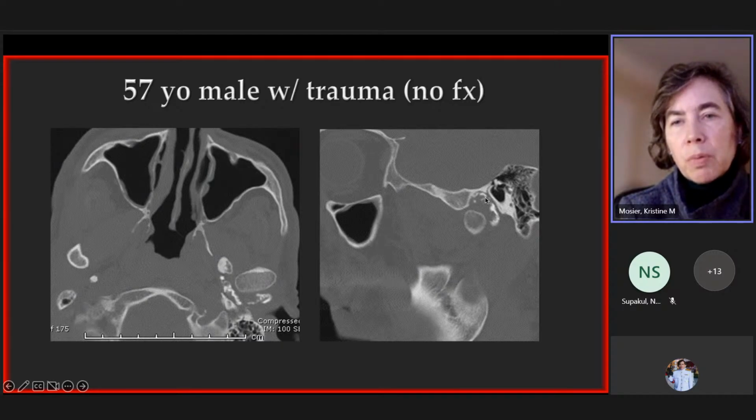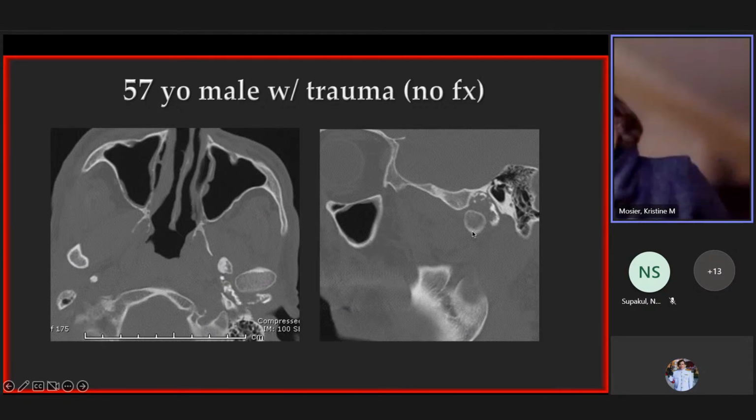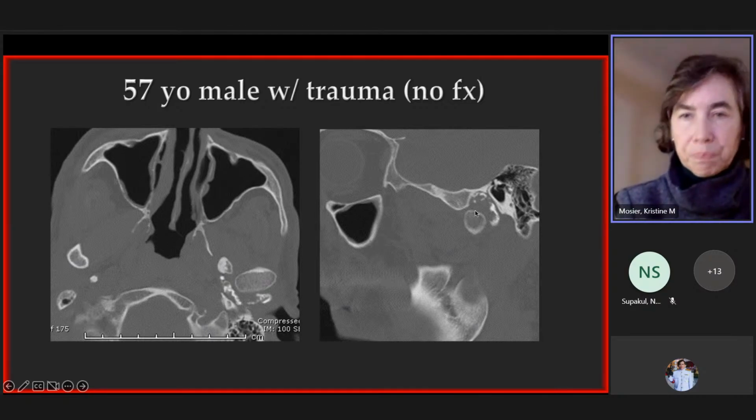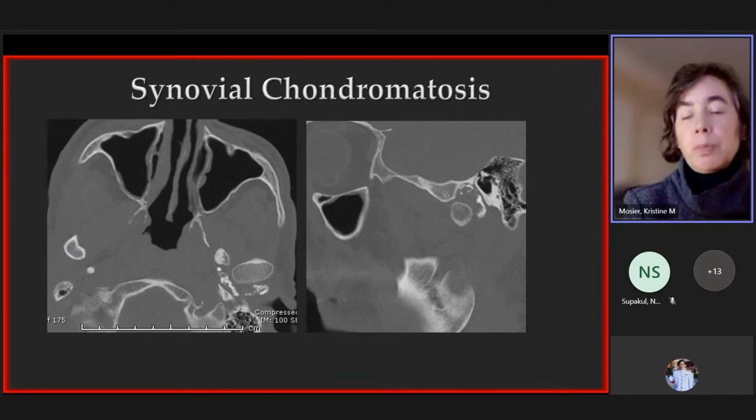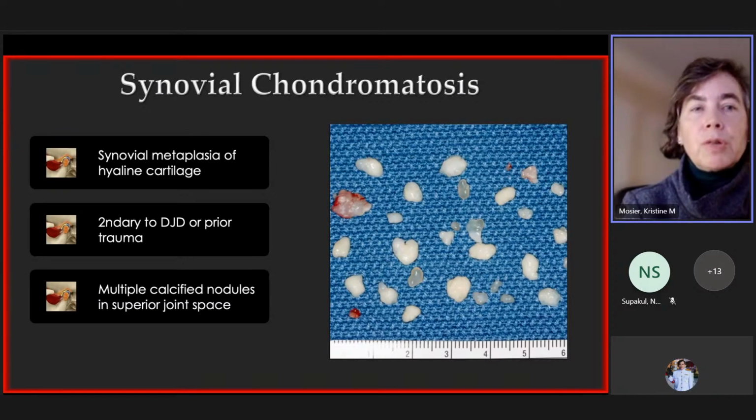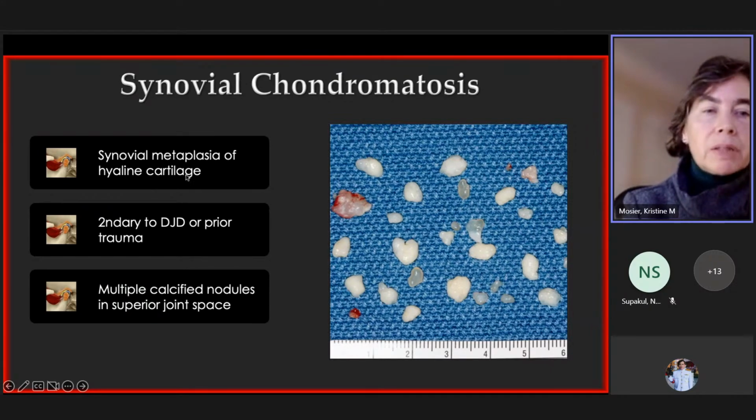The condylar head is completely normal, but we see all of these areas of ossification that are clearly within the temporomandibular joint capsule, but in this case really located around the retrodiscal tissue. So this is synovial chondromatosis, and synovial chondromatosis really occurs as a result of synovial metaplasia of the hyaline cartilage.